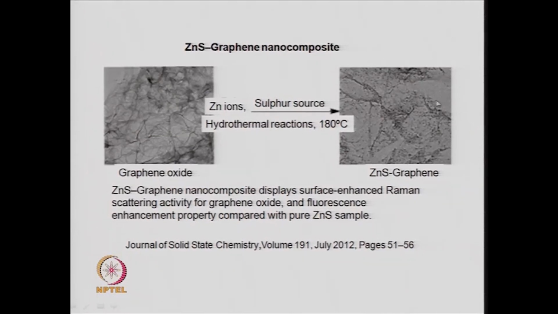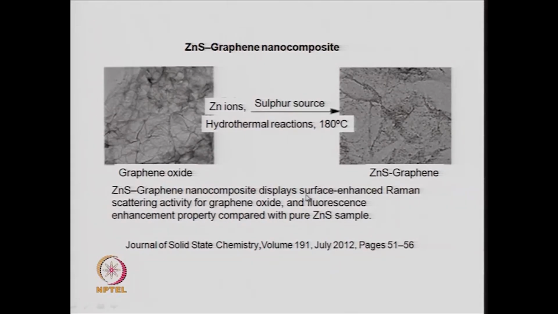So, zinc sulphide forms these particles as you see, and this layered material which shows this kind of crumpled nature is graphene, and this is a nanocomposite of zinc sulphide and graphene.